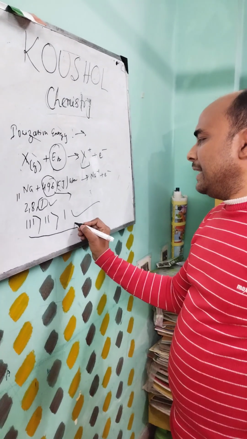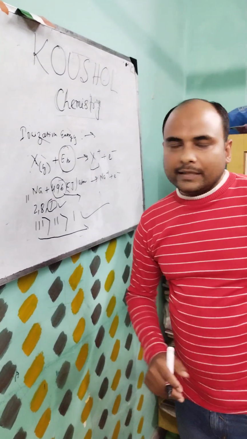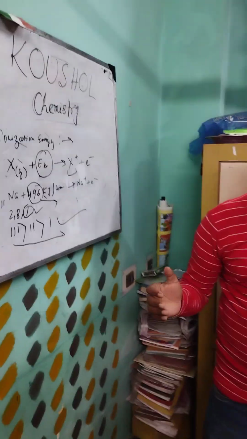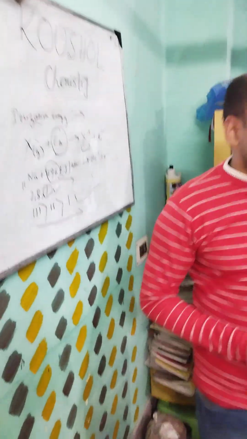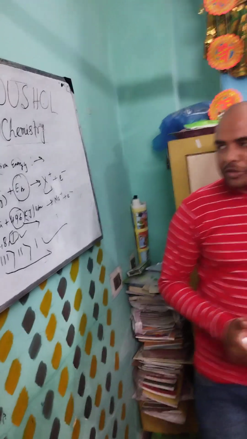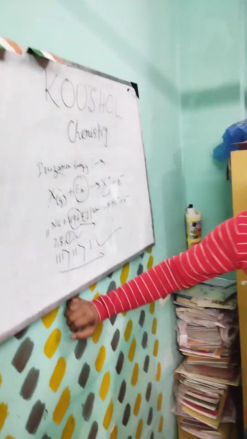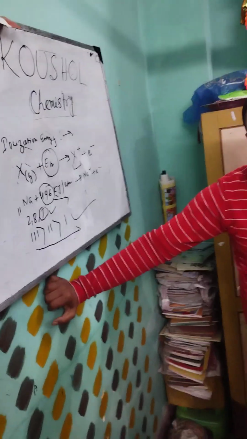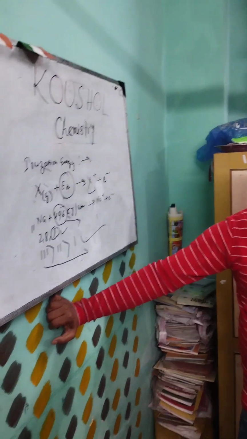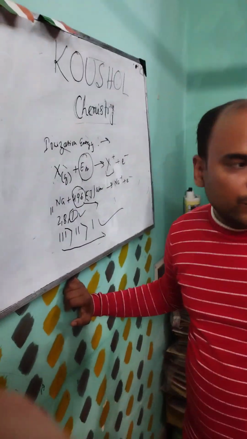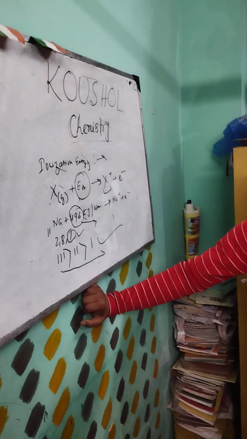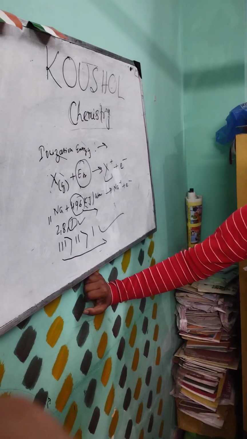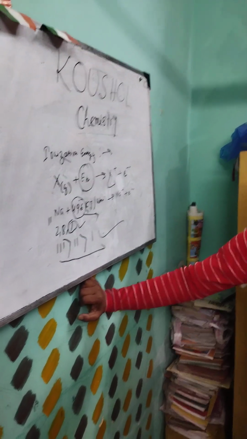Let's explain on what factors ionization energy depends. Ionization energy depends on nuclear charge, atomic radius, penetrating effect, and shielding effect. If we go from left to right in a periodic table, ionization energy increases due to increase in nuclear charge.